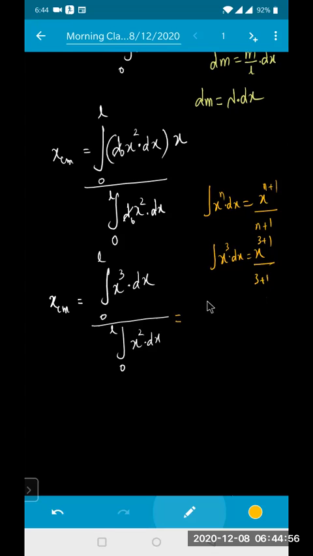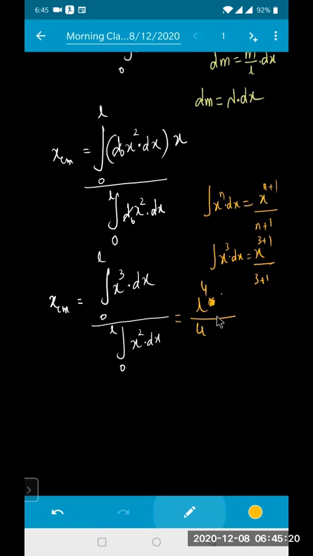Substituting the upper limit and lower limit we get L to the power 4, divided by 4.